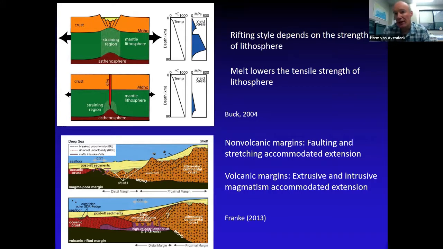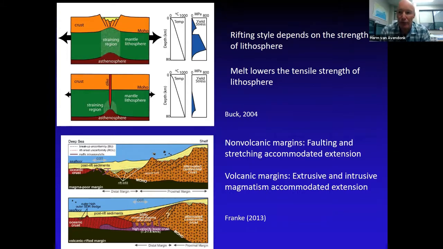This can be facilitated also, for example, by serpentinization of the strong upper mantle. But a mechanism that's much more effective in reducing the strength of the lithosphere is introducing melts, for example, by magmatic diking. This is something that Roger Buck showed in a paper in 2004.